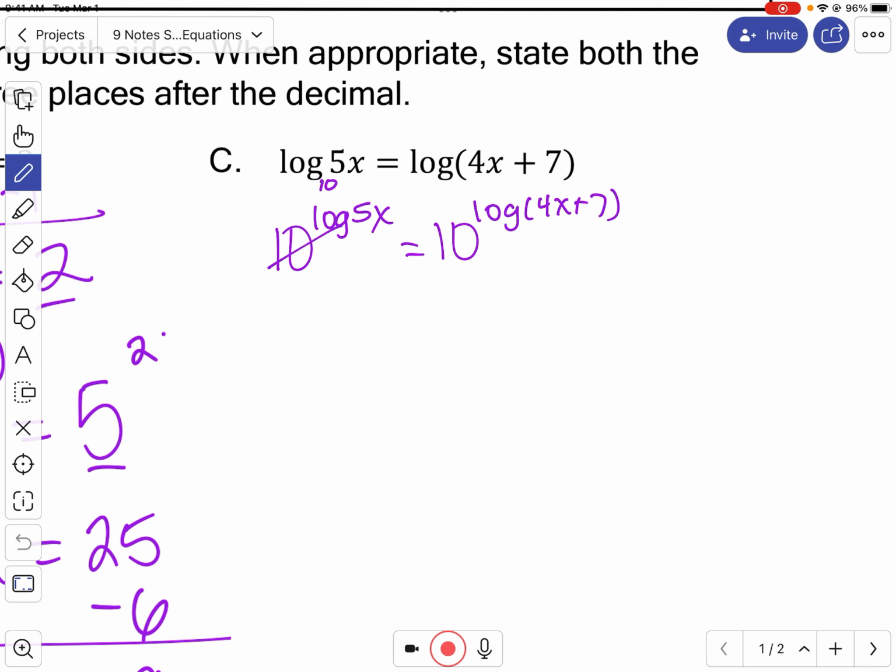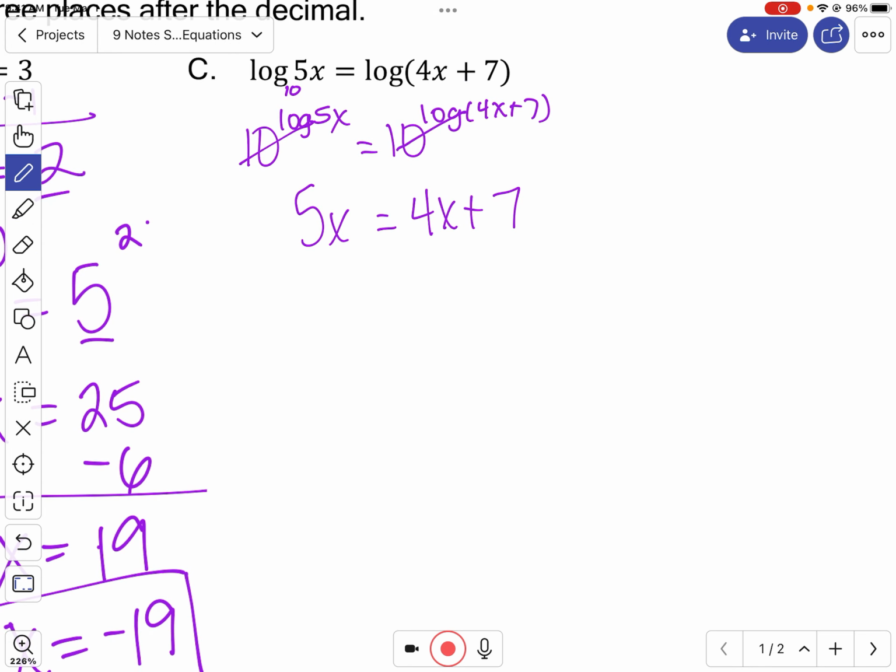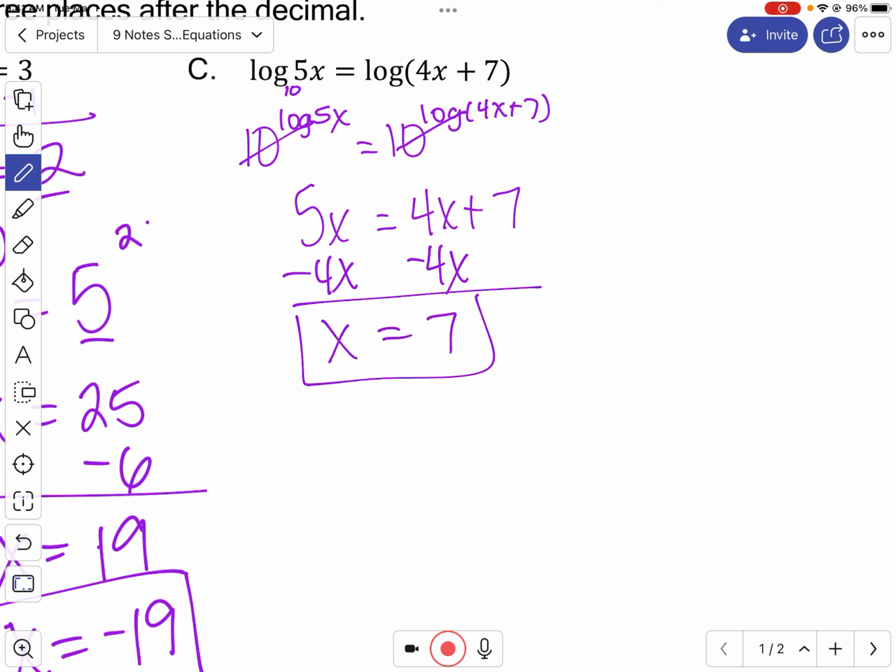So these cancel out, I'm left with 5x, and these cancel out, and I'm left with 4x plus 7. So I'm going to solve for x. That's x equals 7. Notice it wouldn't cause this term to be negative. You can also check it on the calculator by plugging in that 7 for x and making sure the left side equals the right side.